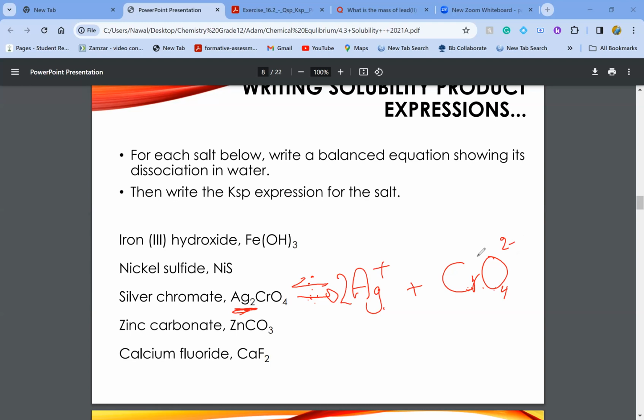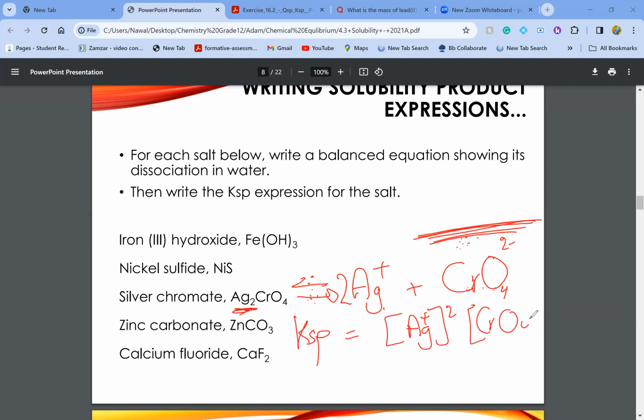You have to check your table to know how to write the chromate. And now Ksp equals silver plus to the power 2, CrO4 2 minus to the power 1.